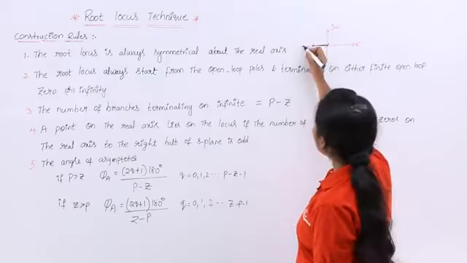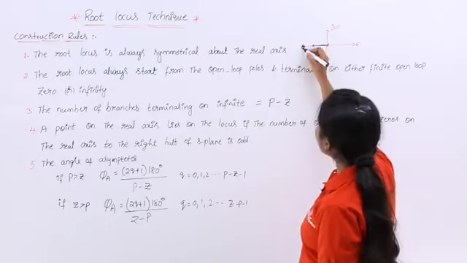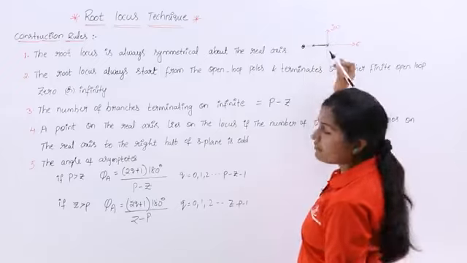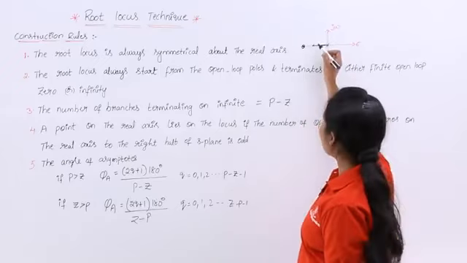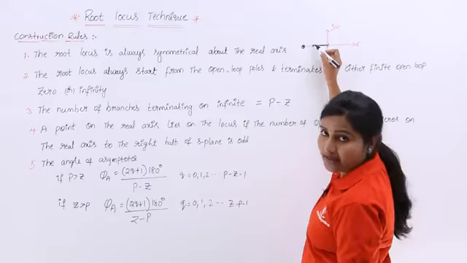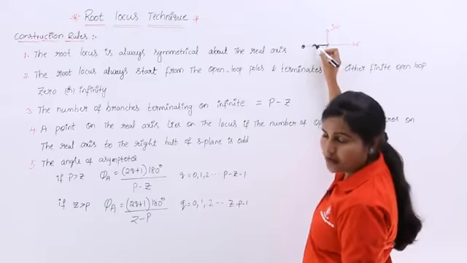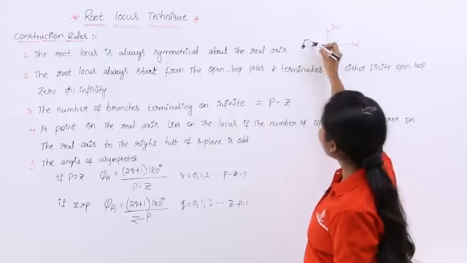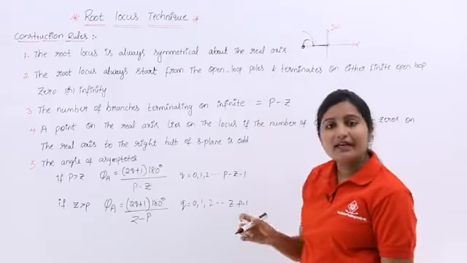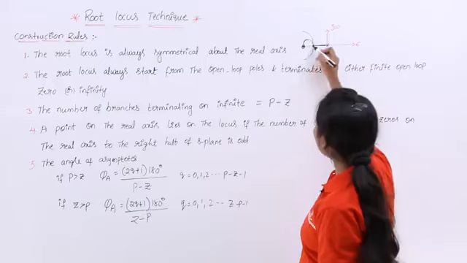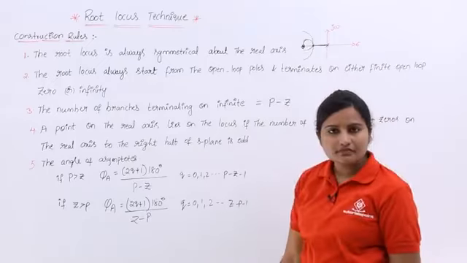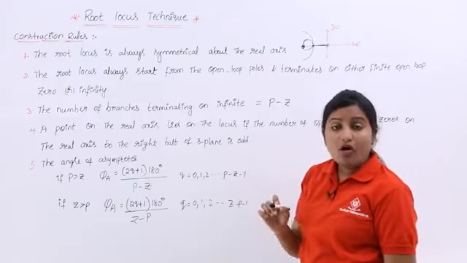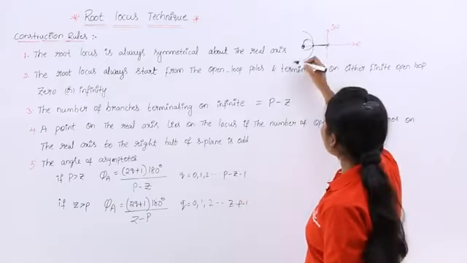If you have any zero here, your root locus may start from any open loop pole, and it may end at an open loop zero, or it may terminate at infinity, like this or like this.